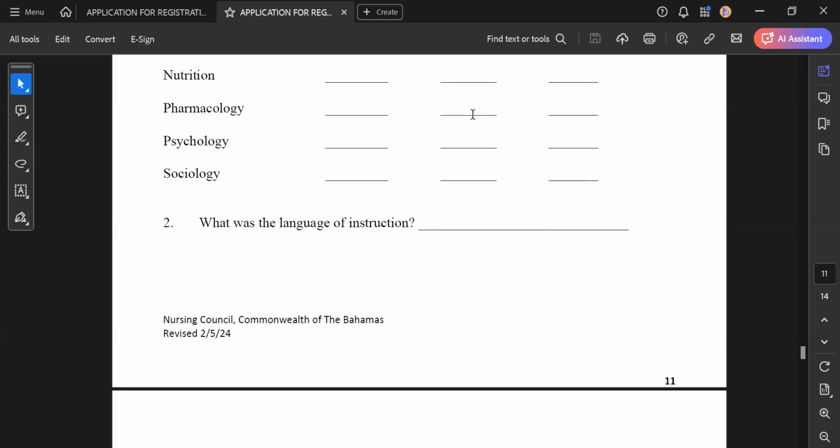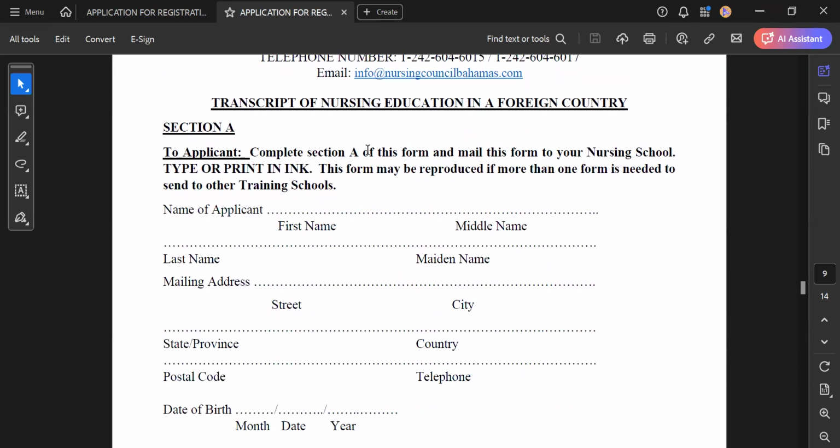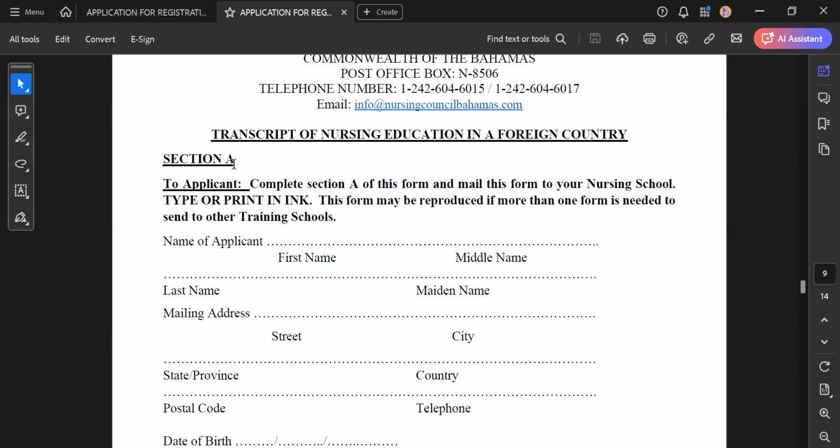What about the hours of theory instruction? It's also the school. You see that from page 9 up to 14, it has two sections, section A and section B. You, the applicant, fill section A, all of it, you sign and put a date.